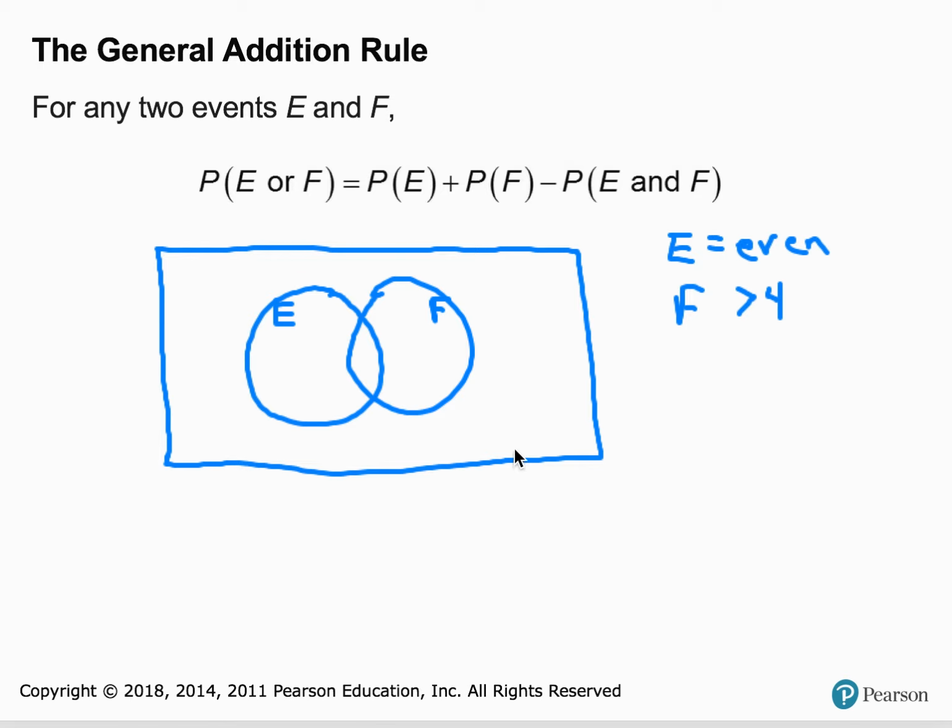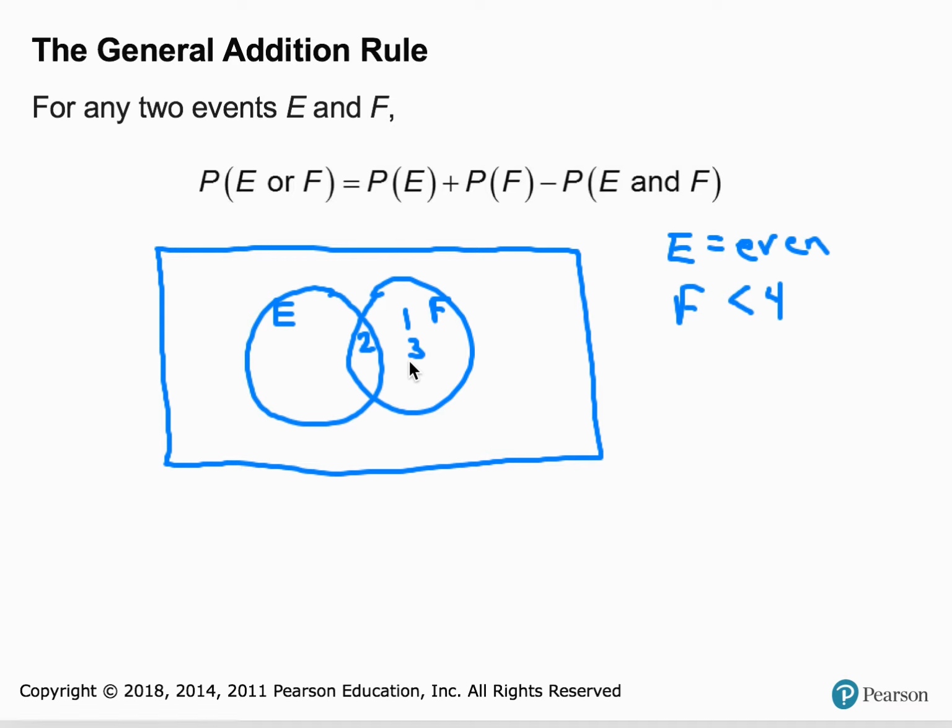So 1 would go in F because it's less than 4. 2 is even. Oh, I wrote greater than. 2 is even, but it's also less than 4. So it goes right here in this overlapping part of our diagram.